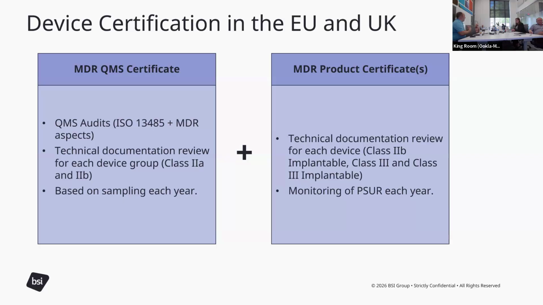So you're getting either approval for a group or an individual device based on classification. And that's where the classification that we'll talk about becomes important, because if you wrongly classify the device, you may not meet all of the requirements to actually sell the device. It really becomes an issue more if you have a medicinal product in your device and don't realize it.